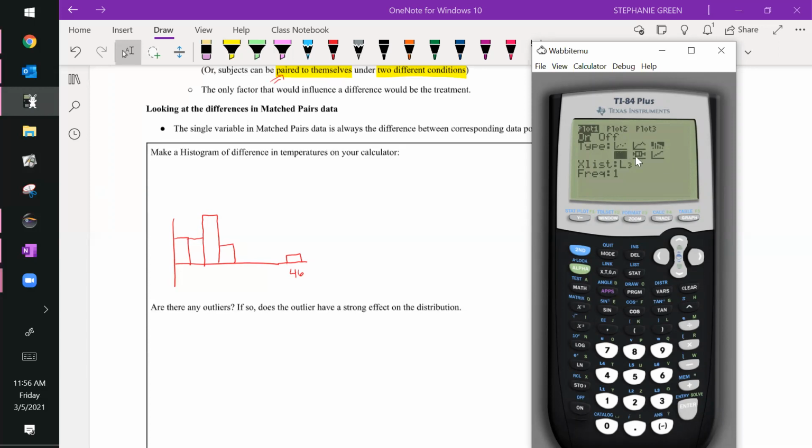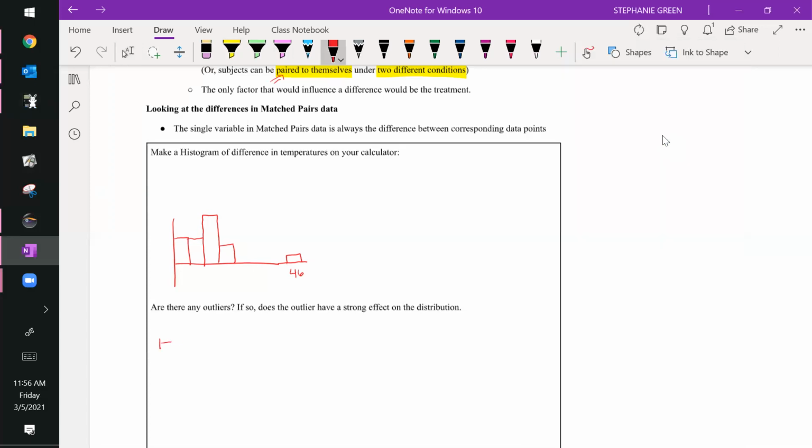This option will not put dots where you have outliers. So I'm going to choose that one and regraph my plot. And you can see, yes, indeed, 46 is an outlier. And so I'll sketch that as well. So 46 is an outlier.